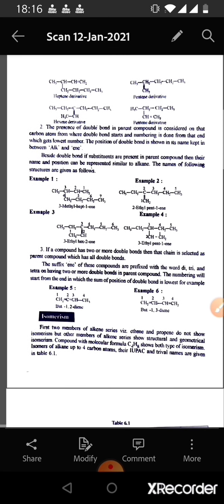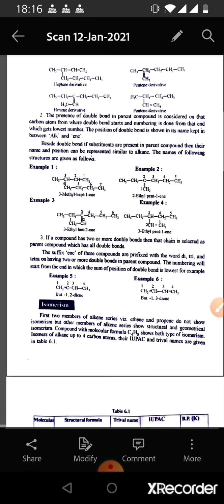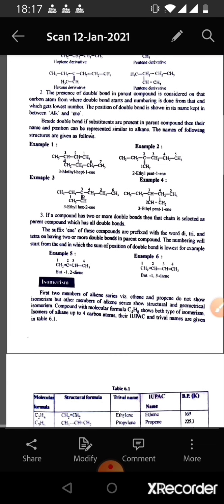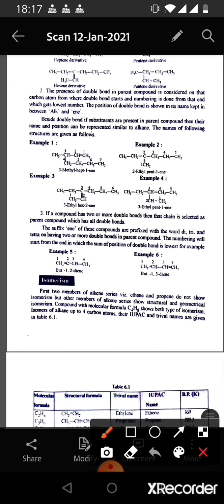Besides the double bond, if substituents are present in the parent compound, then the name and position can be represented similar to alkanes. The names of the following structures are given as follows. The first example is 3-methylhept-1-ene. This is 2-ethylpent-1-ene. This is 3-ethylhexene, and this is 3-ethylpent-1-ene.